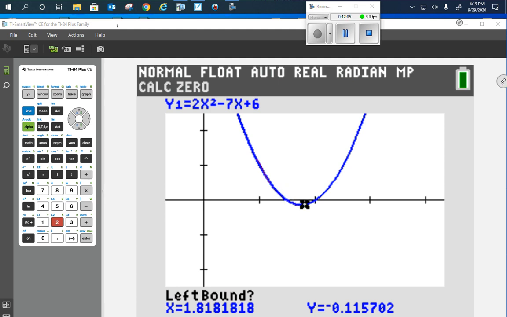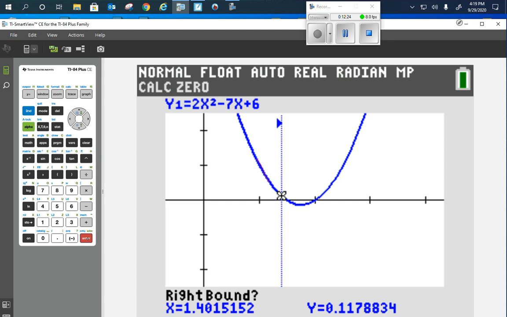Okay. All right, so here we go. I'm going to move this, using the left arrow key, until that cursor is just to the left of that intercept. Okay, so go a little bit so that you know you're definitely to the left of it, and push enter. Notice it kind of puts a bound there.